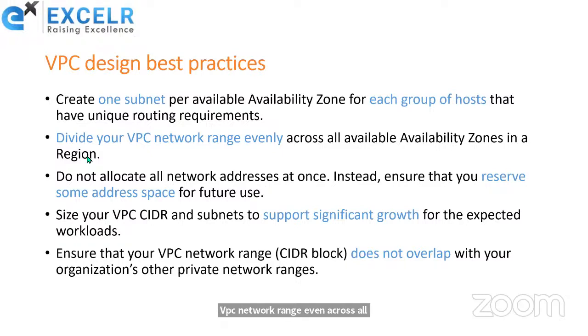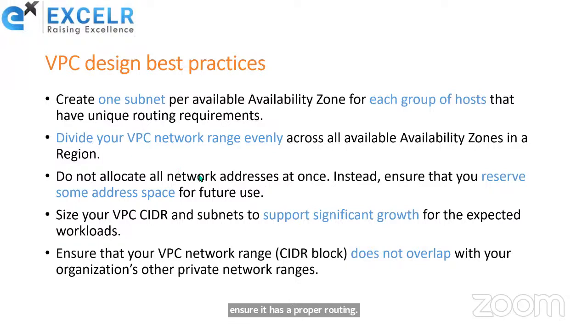That means let us divide a VPC under different subnets, so that each subnet gets an equal range of IP addresses. Evenly means it should be well distributed, to ensure proper routing.